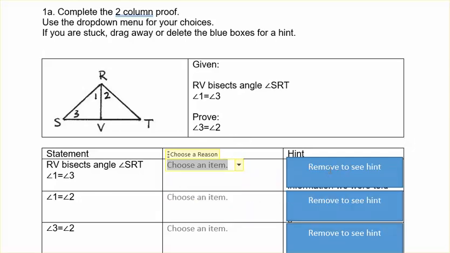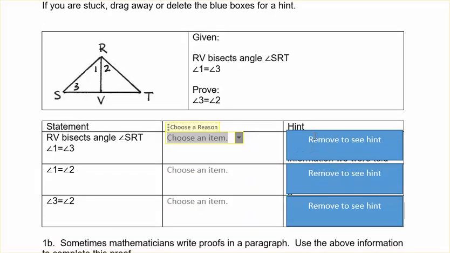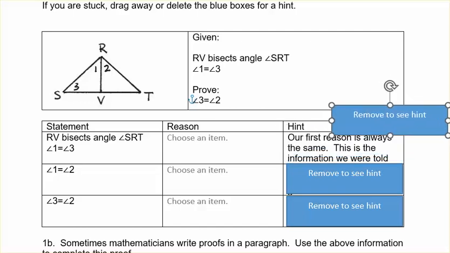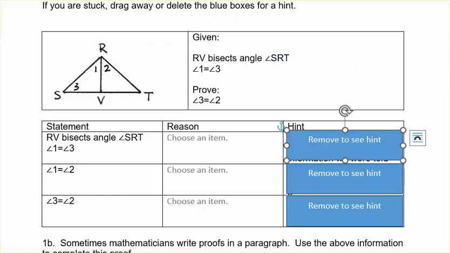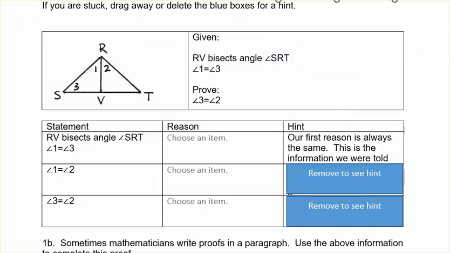And also, I gave you hints. So if you're stuck, go over to this blue box, and you can remove the blue boxes. Try to just remove one at a time and see what hints you need. In case you're not able to get those blue boxes to move, I'm going to take them all off so you can come back to the video and look at them if you need to.